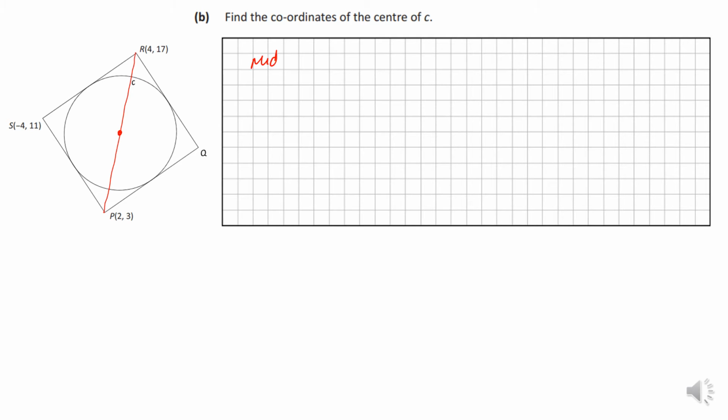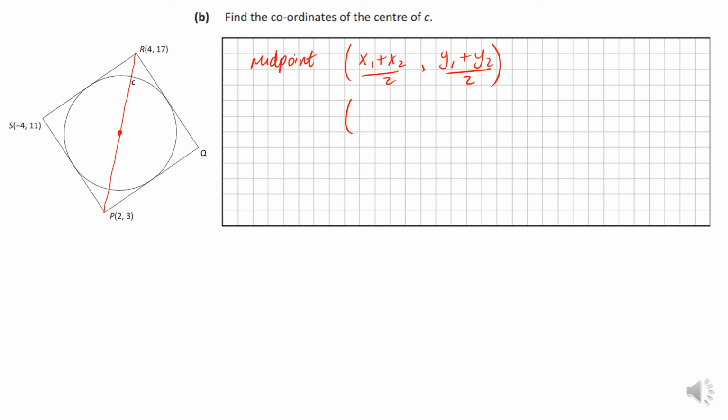Okay, what I'm going to do first is write down the formula. You'll see that perhaps we get some partial credit for that. Okay, I'm using points R and P. Alright, let's fill it in.